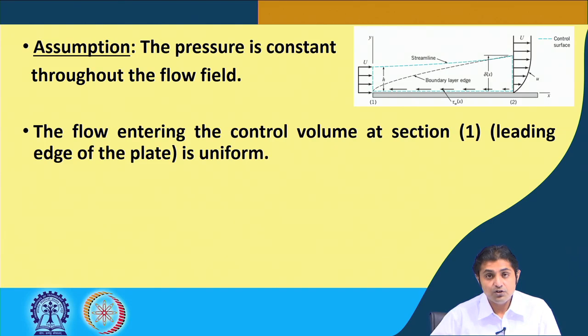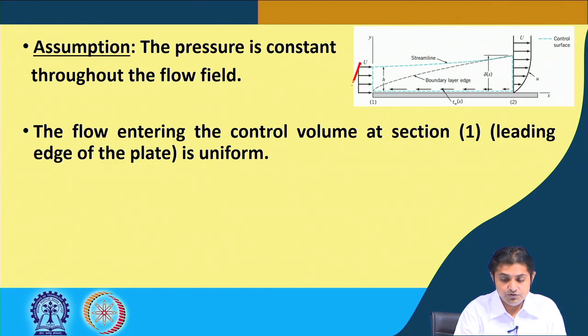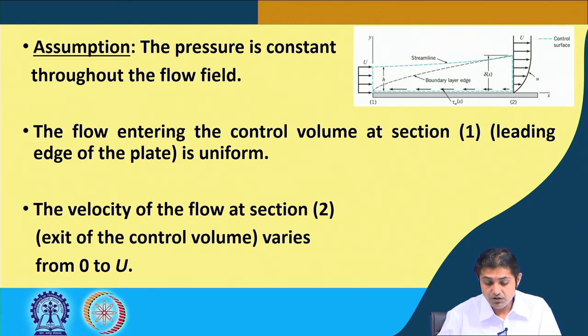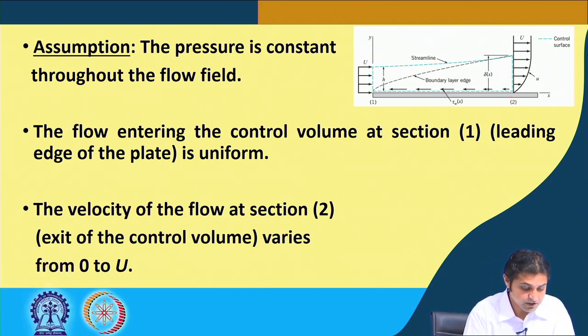The flow entering the control volume at section 1, the leading edge of the plate, is uniform, and the velocity of the flow at section 2 here varies from 0 to u, and this happens because of the boundary layer. So, this is the assumption that we start with.